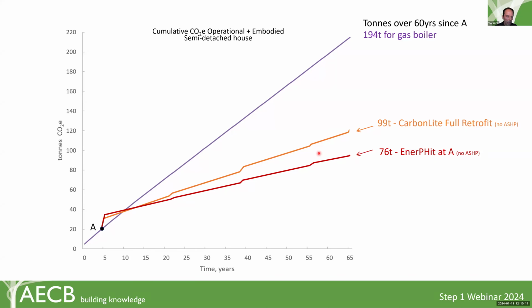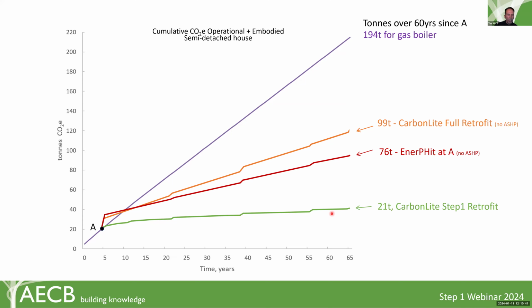But let's compare that with what would happen if you did a step one. If you did a step one without really doing a retrofit, you'd end up with the green line down here. And what that's showing is that even though we don't actually do much of a retrofit, because the electricity we're using with a heat pump is so low carbon, it actually gives a very good result.